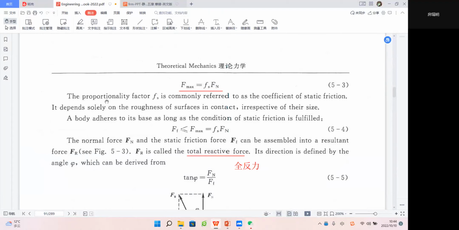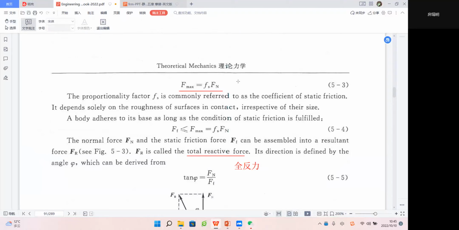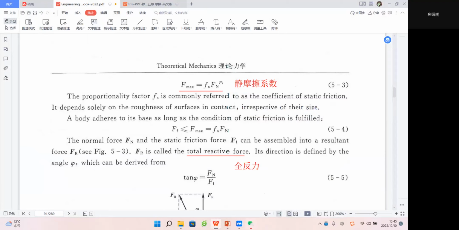So the proportionality factor Fs is commonly referred to as the coefficient of static friction. We Chinese call that 静摩擦系数. Static means 静, not move. 摩擦 is friction, coefficient is 系数. So it's 静摩擦系数 Fs.